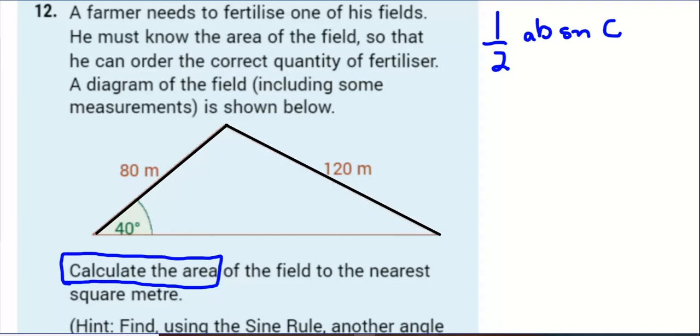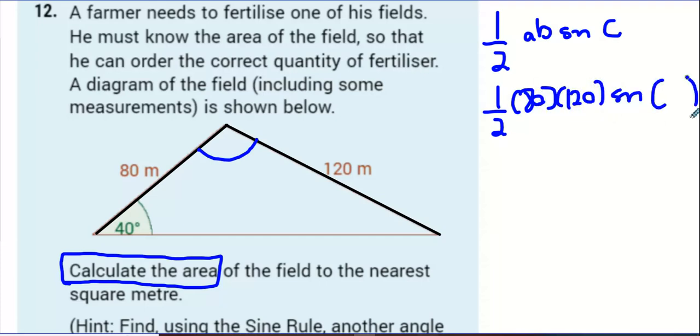And you also need to use the angle in between. Do we know the angle in between? No. So that means it is currently not usable. If you wanted the net marks, and let's say without doing anything, that is a valid attempt, because you've attempted to fill in the equation, haven't you?